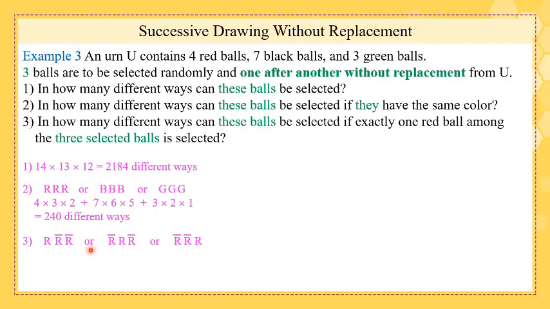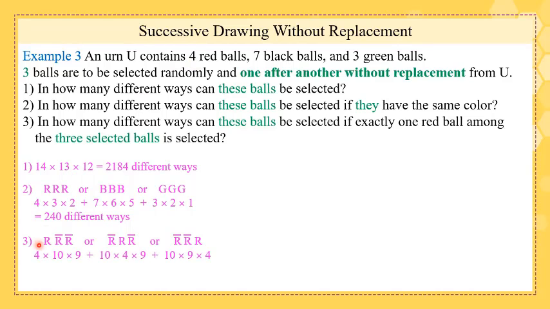Or we might have another way. The first ball should be non-red, the second should be red, and the third should be non-red. Or the first ball is non-red, the second ball is non-red, and the third ball is red. Now, how do we answer such a question? Let's begin. The first one is red, so we are choosing one ball out of 4.